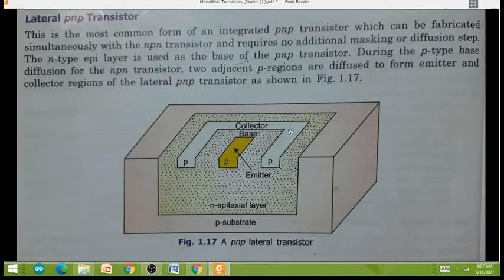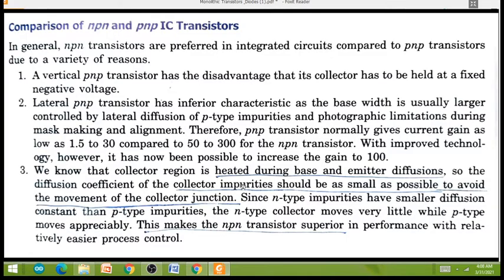Now if the base is too large, then naturally there will be limitations on the usage of this one. So if you compare a lateral PNP transistor and an NPN transistor, definitely there would be one limitation: the lateral PNP transistor has inferior characteristics compared to the usual one, controlled by the lateral diffusion of the P impurity and the photographic limitations during the masking, and therefore the PNP transistor normally gives a current gain that is very less compared to this one.